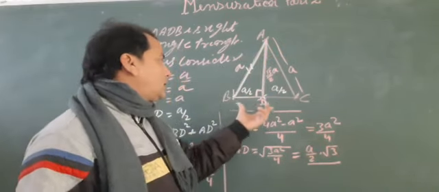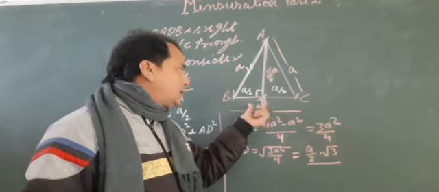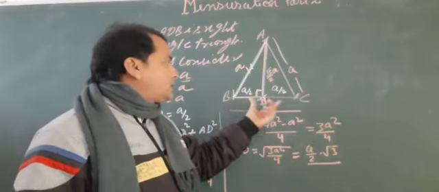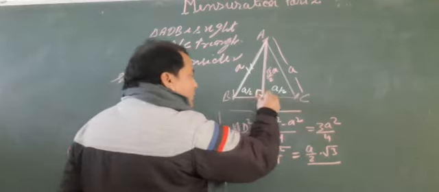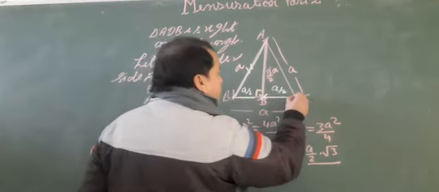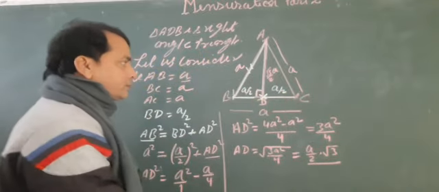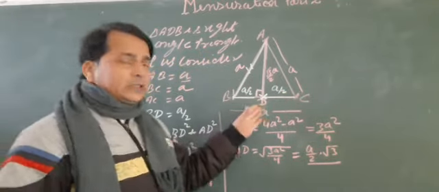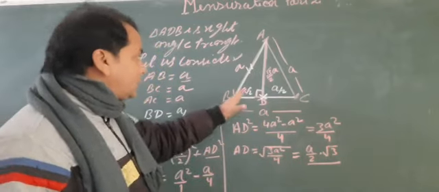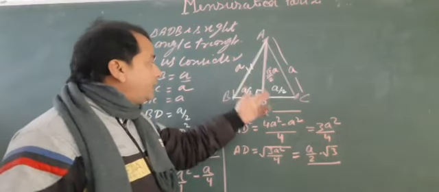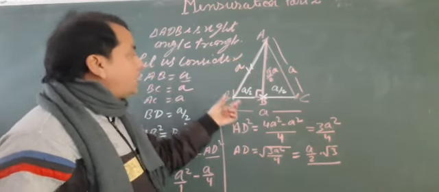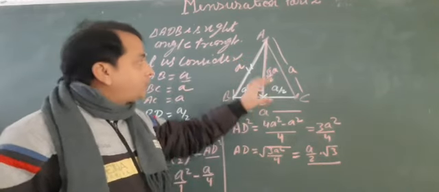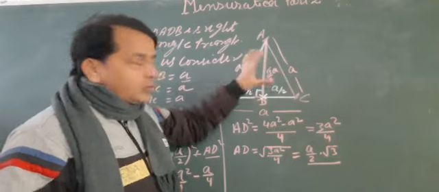So side BC is A, then AD divides BC into equal parts, and each part BD and DC is A by 2. In this case, we apply the Pythagoras theorem in right angle triangle ADB. Hypotenuse is side A, base is A by 2 and perpendicular AD equals root 3 by 2 A.